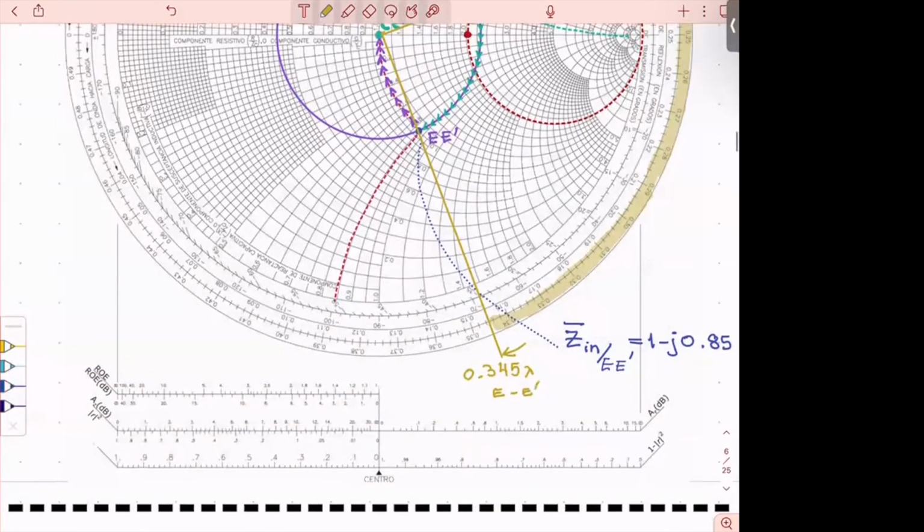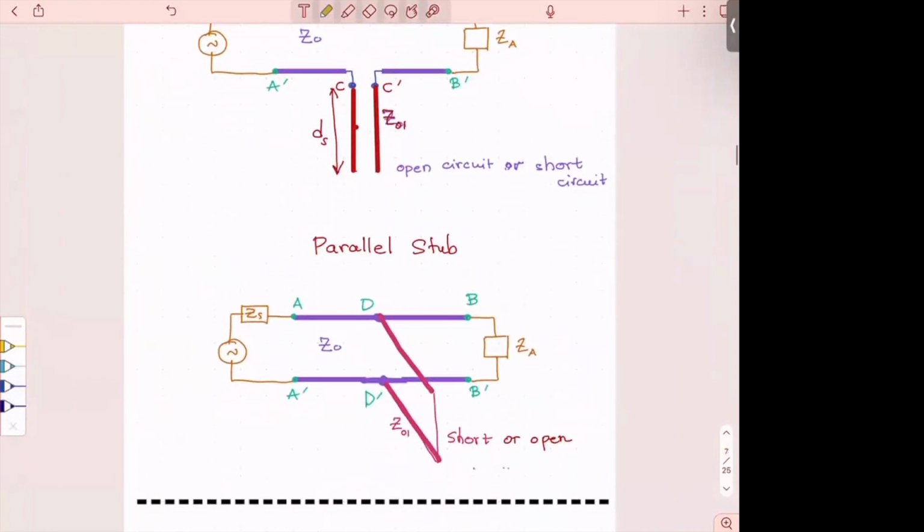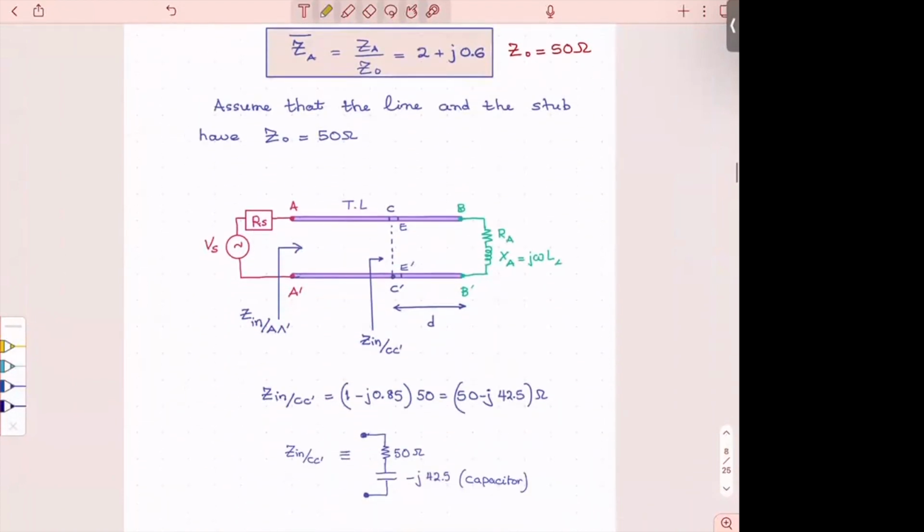Therefore, the distance between the two places, which is here, this D distance is going to be 0.345, wasn't it?